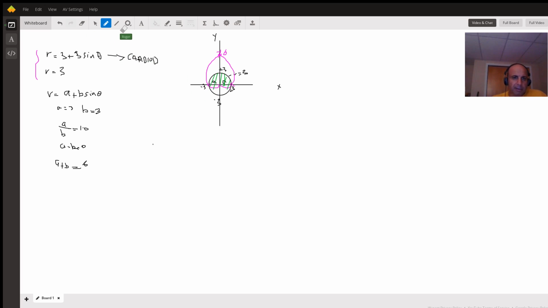Bear with me a second here. This is the area I'm supposed to find, and I'm going to draw that in blue. That's the one I'm tracing right now.